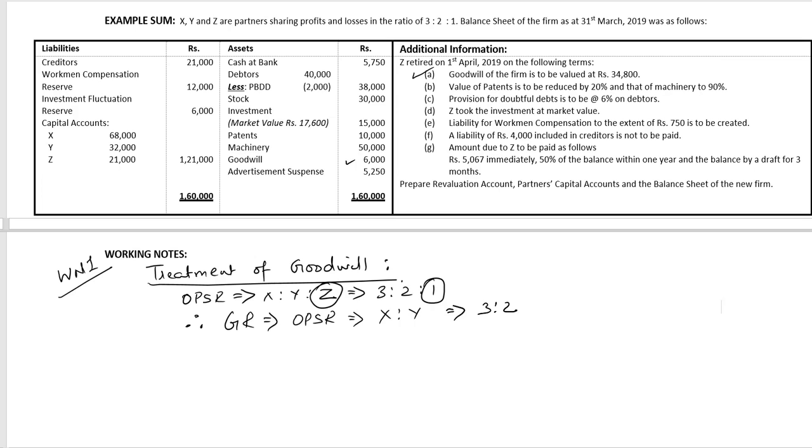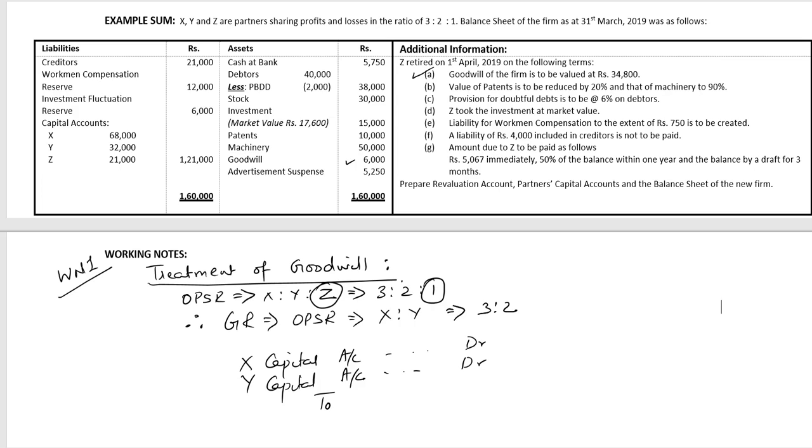So the journal entry for goodwill is to debit the gaining partners' capital accounts, X capital account debit, Y capital account debit, to the retiring partner's capital account, Z's capital account.